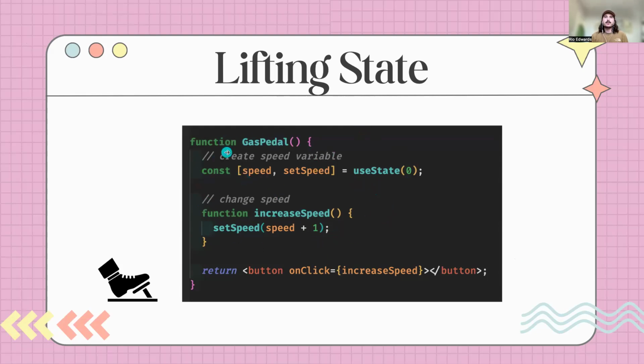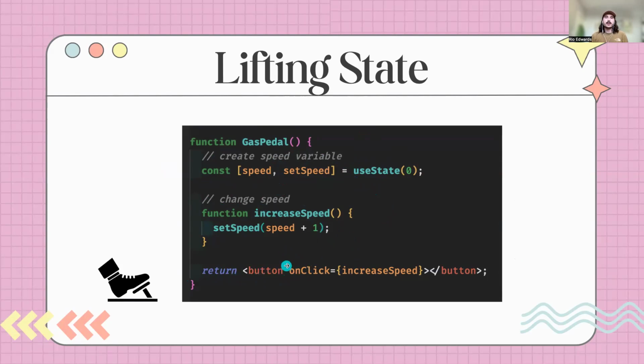Here we have our gas pedal component. We have a speed. We're using useState to create a speed variable, and then this is the setter for the speed variable, setSpeed. So when we want to update speed, we call this. This component just returns some JSX. It returns a button.